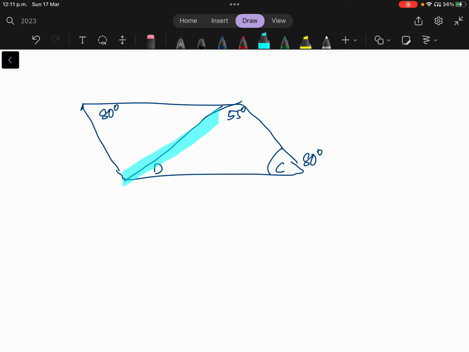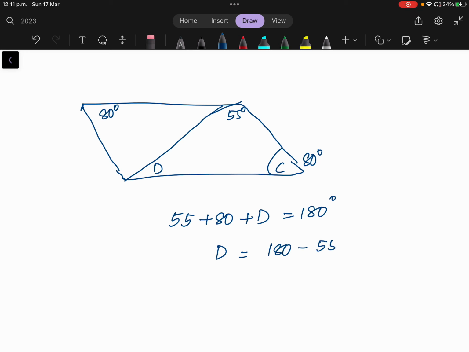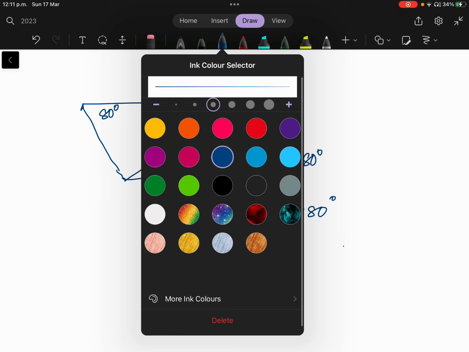Now you have a triangle here, and all the angles of the triangle add up to 180 degree. So 55 plus 80 plus D is equal to 180 degree. We'll just do it the simple way. So what we have is 55 plus 80, that is equal to 135.